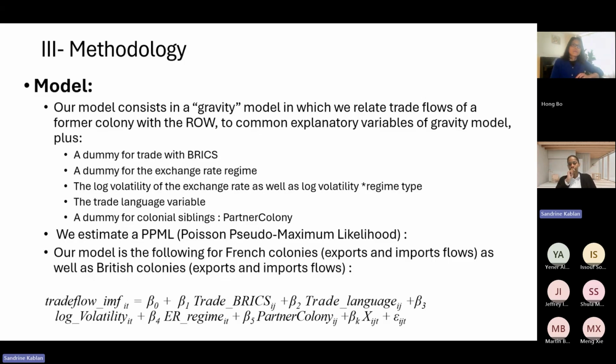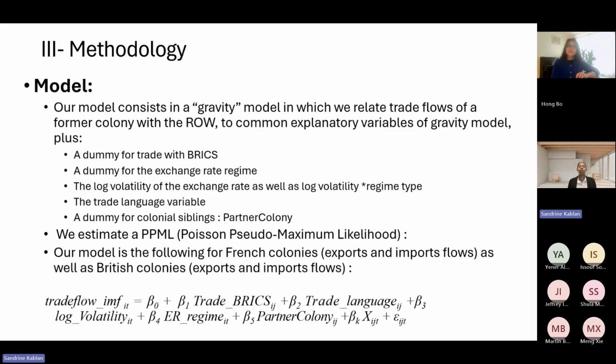We also test the trade language variable, and a dummy for colonial siblings. It means that in our paper, we are going to check also if for the former colony, trading with another former colony impacts its trade flows.